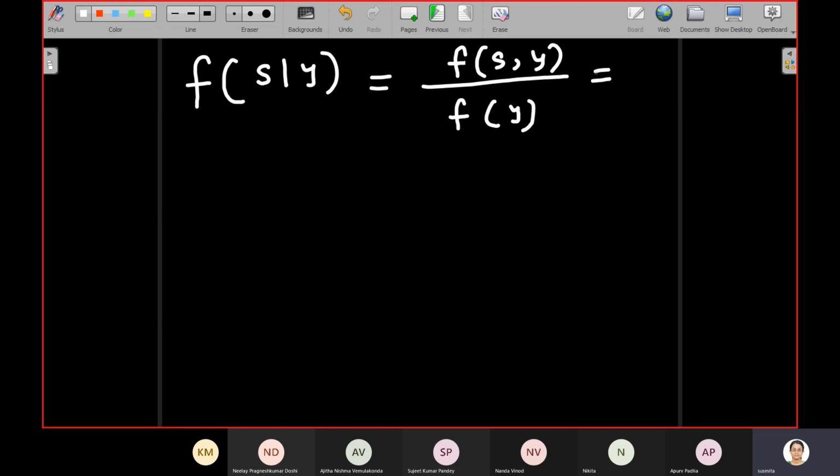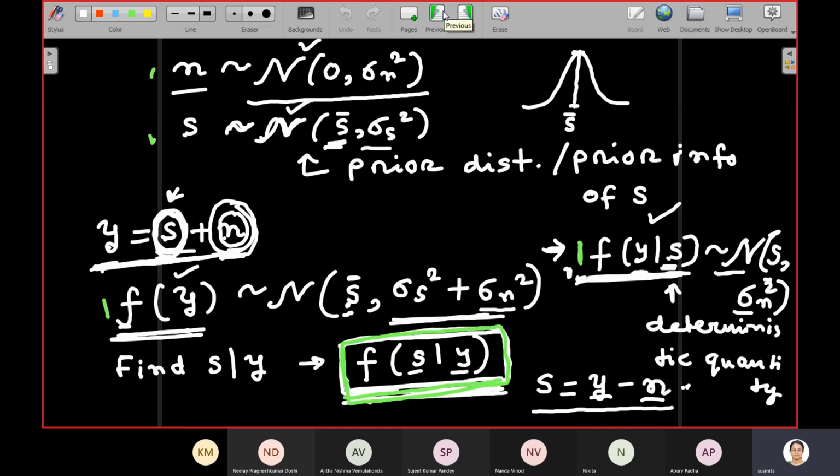How will you find the joint density? Don't you have the PDFs required to find the joint density? F of y given s into f of s. Why bar? We have not used bar here. You mean this one? Which one you are talking about?